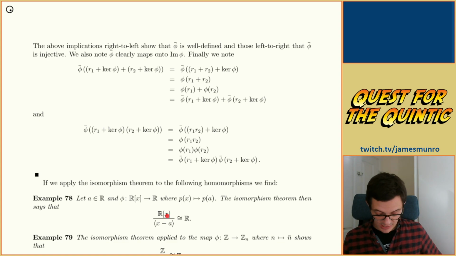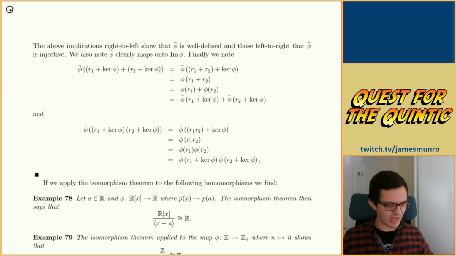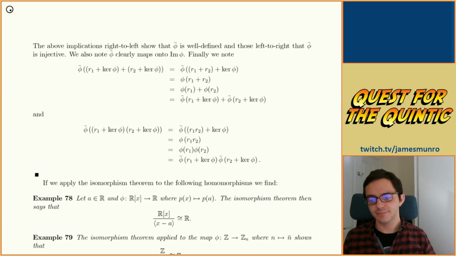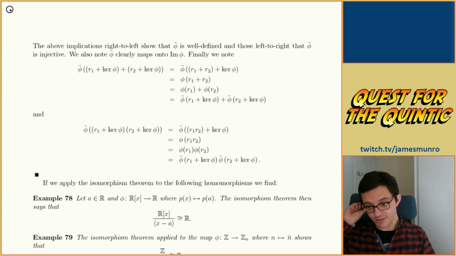If you consider all polynomials with a factor of x minus a and ignore those, the quotient would be isomorphic to just the reals. Kind of by using this homomorphism and the isomorphism theorem, this looks quite powerful.